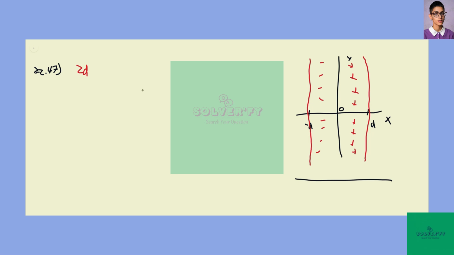If the slab carries a volume charge density of rho of x equal to negative rho naught for negative d less than x less than 0, and positive rho naught for 0 less than x less than d.